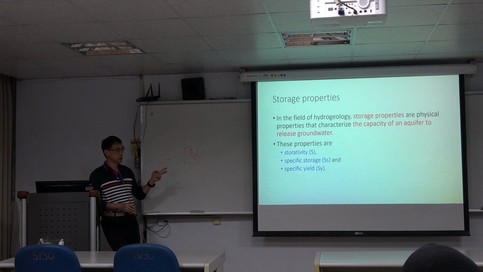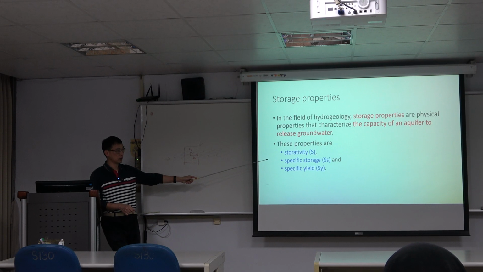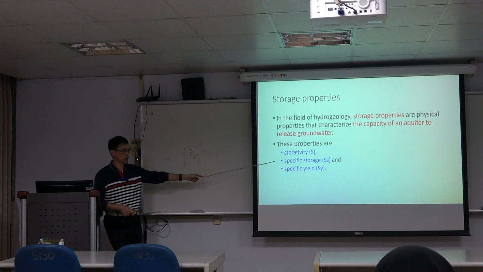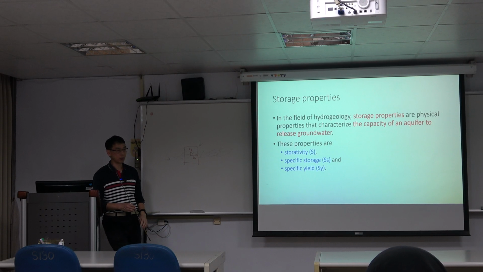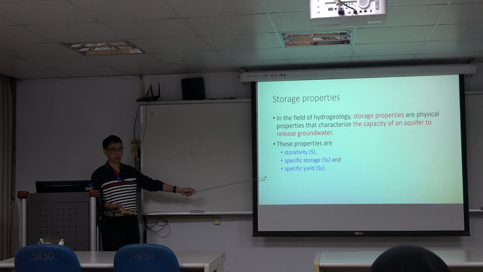These two are the aquifer properties that we can obtain in the pumping test. Specific storage and specific yield are used for different aquifer systems: specific storage is the property for the confined aquifer, and specific yield is the unconfined aquifer property.